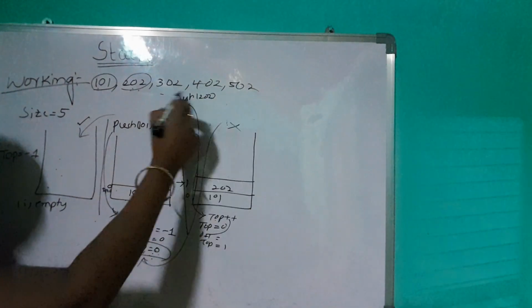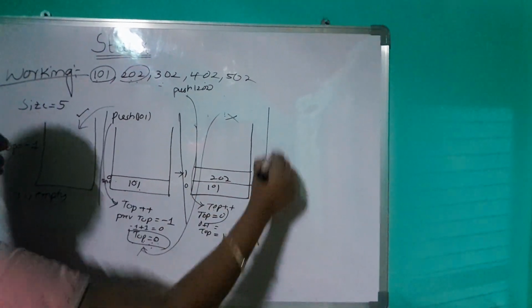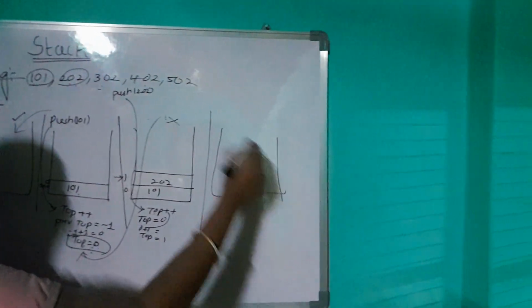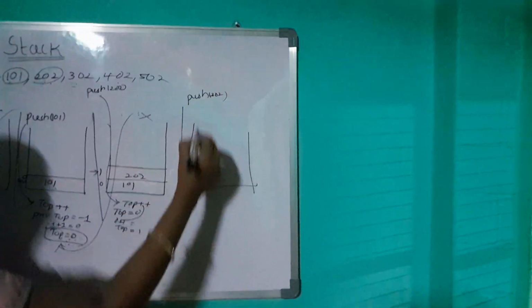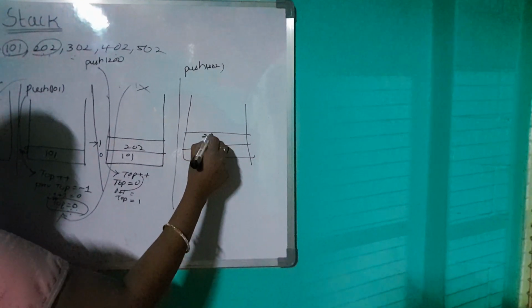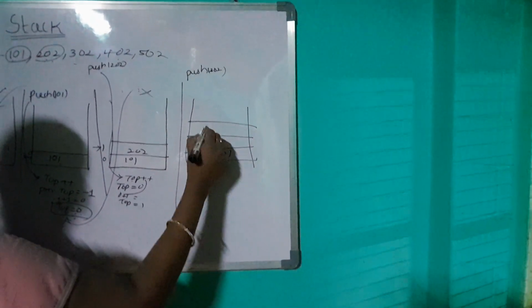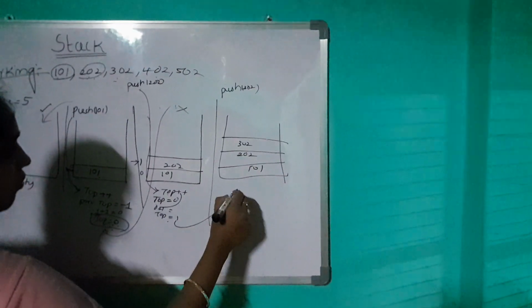In the same process we have to insert 302, 402 and 502. We have to insert 302. Therefore, push of 302. 101, 202, and 302. And top gets incremented. Previously top is 1. Now top becomes 2.